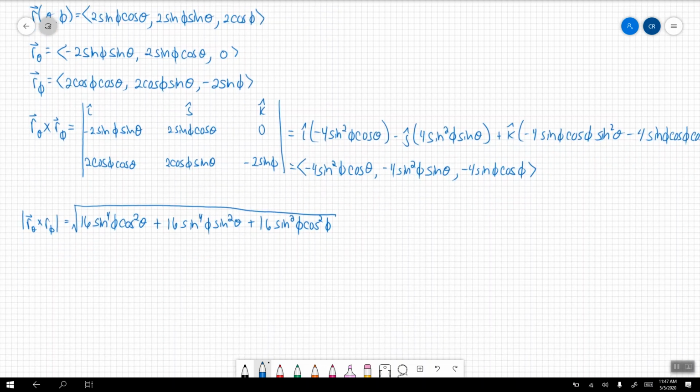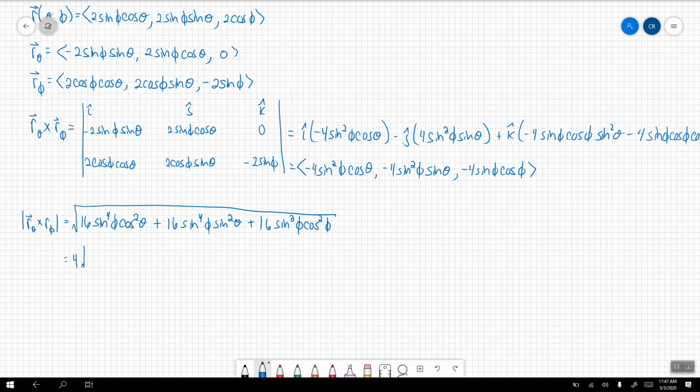Alright, so yes, you all said it. We can factor out a 16, and that's just going to be the 4, because the square root of 16 is 4. And then what we're left with in here, we've got sine to the 4th phi in both of these first terms. So we factor out the sine to the 4th phi, and we're left with a Pythagorean identity.